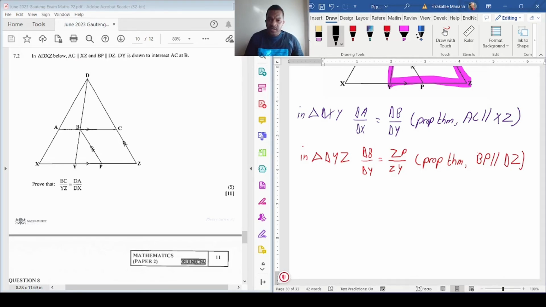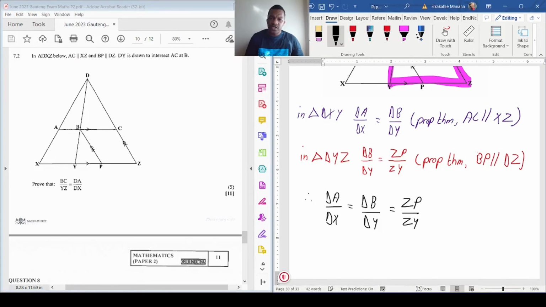You can see that, okay, let me equate these two. Therefore dA over dx is equal to dB over dy, which is also equal to ZP over ZY.